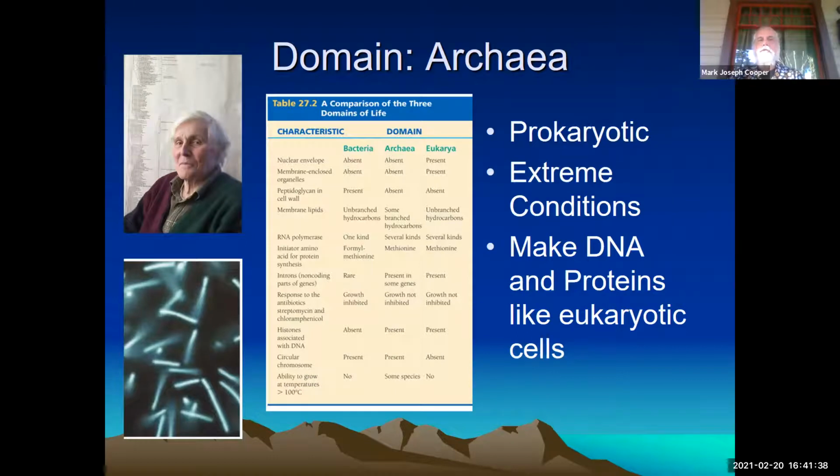And unfortunately, he has passed away a few years ago. But he was the person that really pushed this domain idea through. He picked working on these. They were pretty interesting. They're usually found in very extreme conditions, high heat, high temperature. Many of them produce methane.